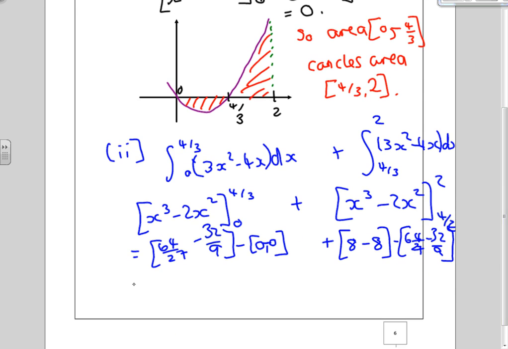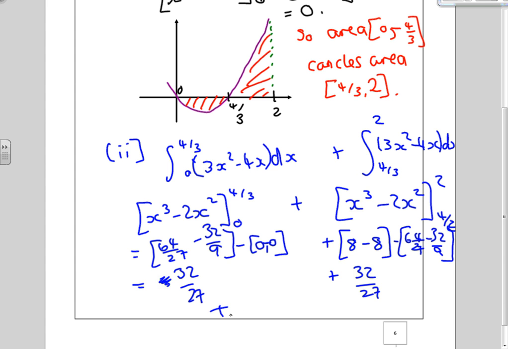So from this first bracket, I end up with minus 32 over 27, and then over here I am adding on 32 over 27. But of course this area is only negative because it's below the x-axis, so we just take that as 32 over 27.